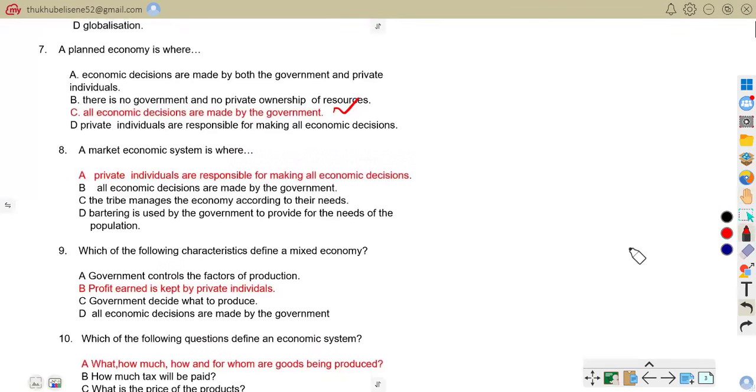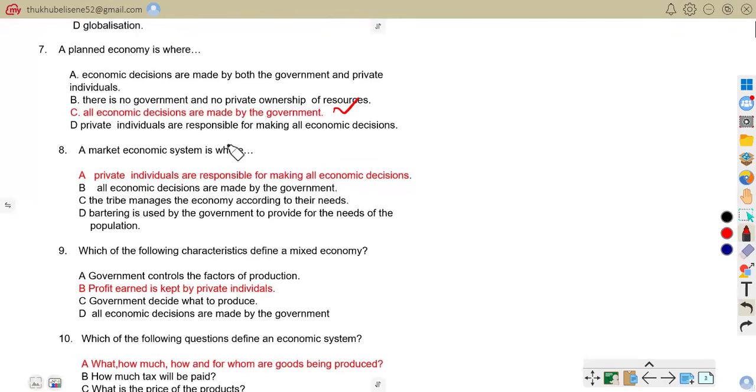Number eight: a market economic system is where private individuals are responsible for making all economic decisions; all economic decisions are made by the government; the tribe manages the economy according to their needs; or a battery is used by government to provide for needs of the population.